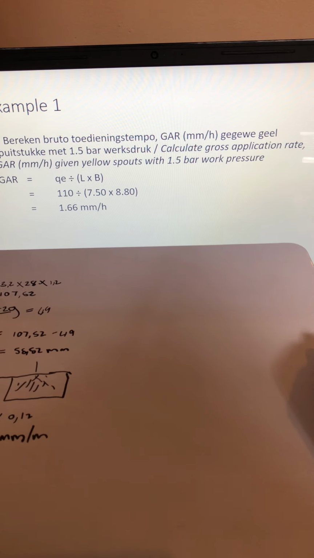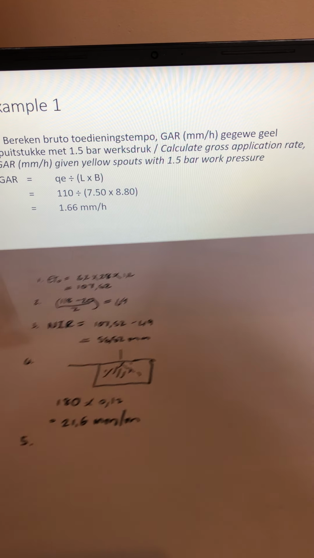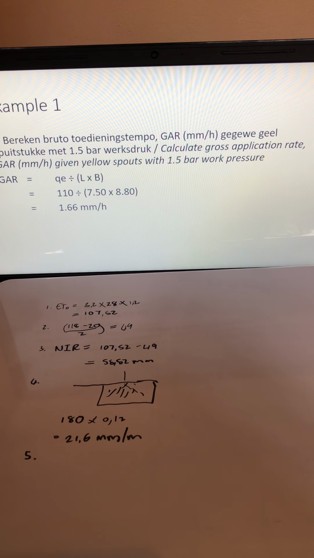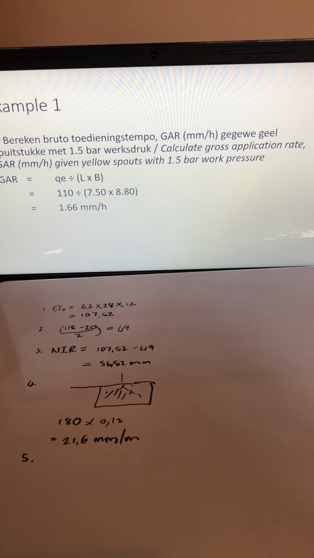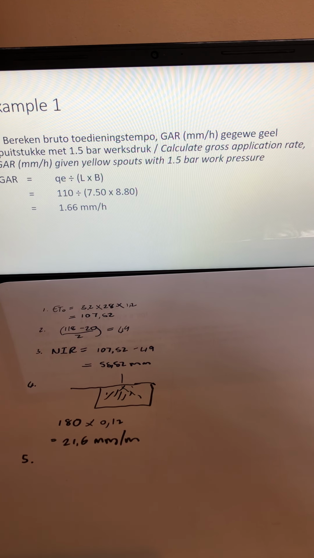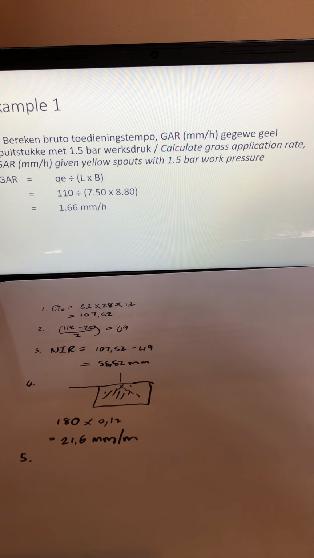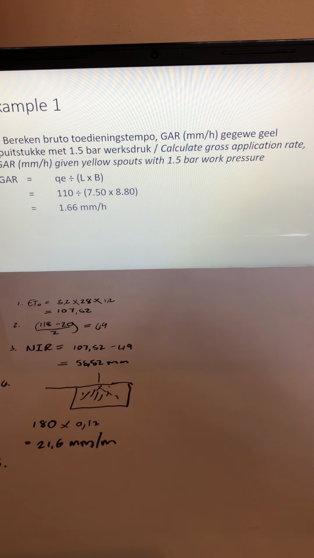So this next one is where it starts getting a bit tricky. So number 5, you want to calculate the gross application rate. In other words, you want to calculate how much water in a given time. So you want to calculate at what rate the irrigation system will deliver water to the soil or to your crop.